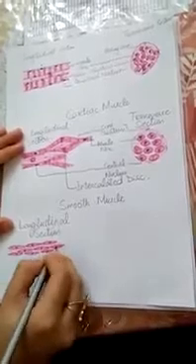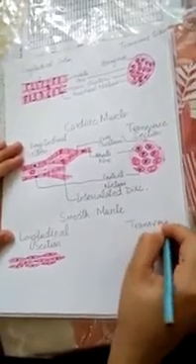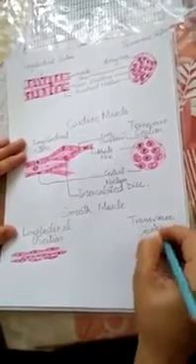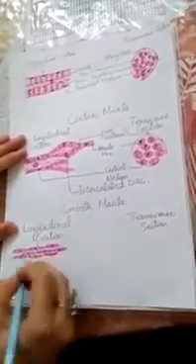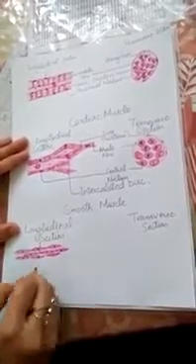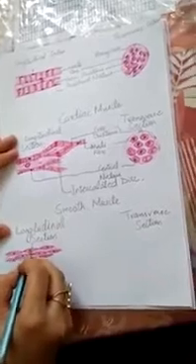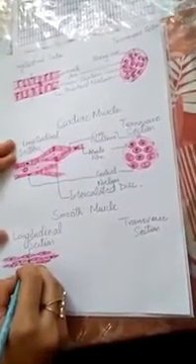Now, coming to the transverse section. In the transverse section of the smooth muscle, we will see different sizes of muscle fibers. Why? Because if we take the transverse section in this region, we will cut through the central enlarged or dilated part, but through the tapered end of the lower muscles.